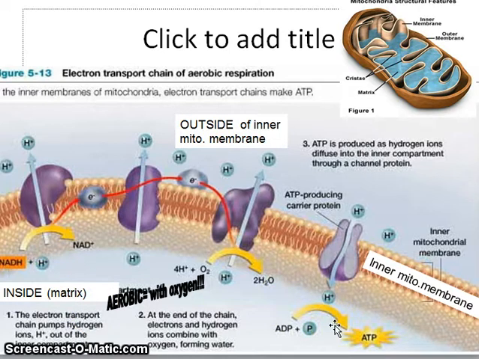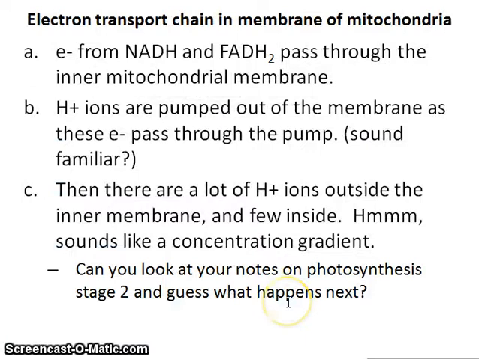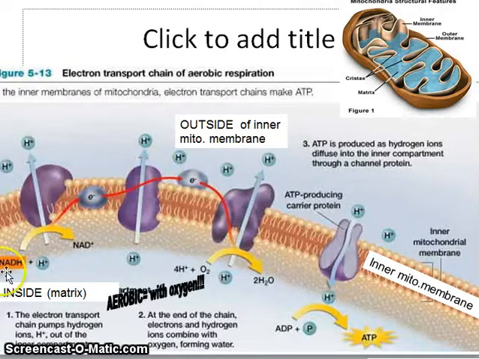Alright, so we're going to add some steps. First, electrons from NADH and FADH2 pass through the inner mitochondrial membrane. So those were made in the Krebs cycle. Here's NADH coming through, and I'm going to go ahead and add this to be step A. So you can do that now. So NADH is broken down.